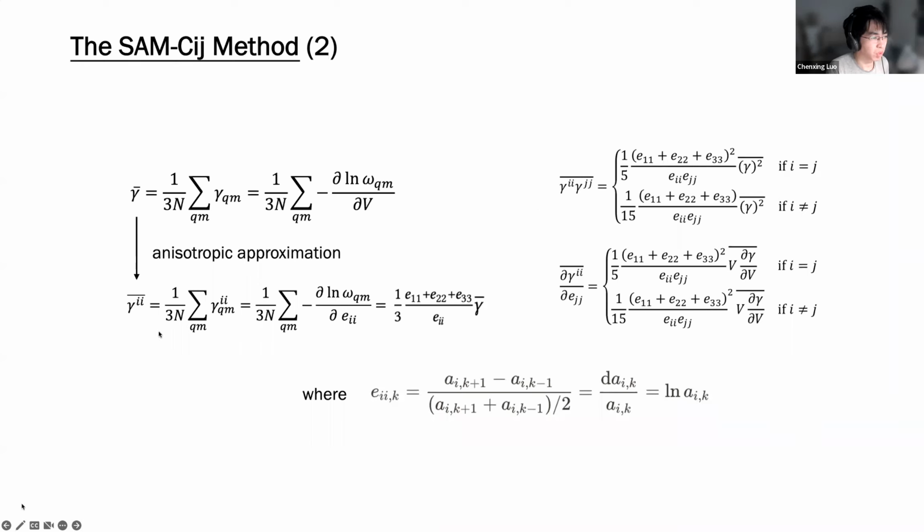So here I'm showing you some expressions for the average coordination parameter, the average product of the coordination parameters, and the average of the strain derivative of the coordination parameters. Everything was connected to the mode average using the actual compressibility.